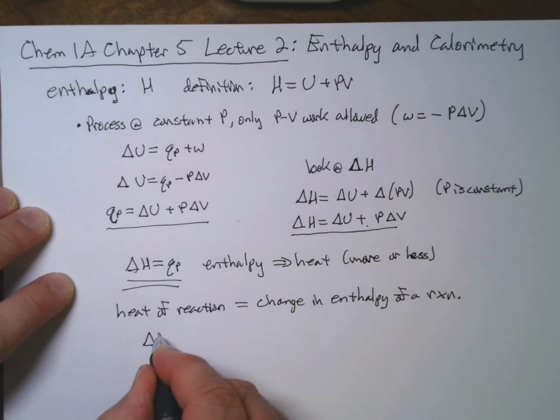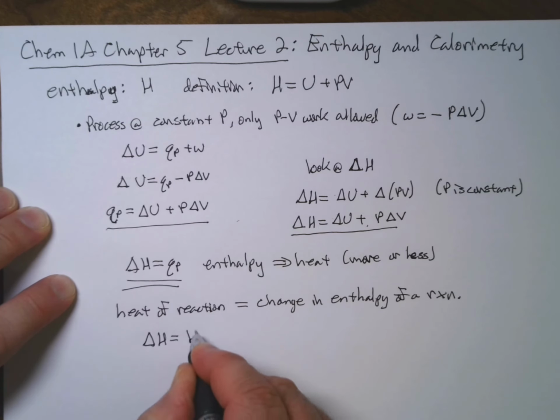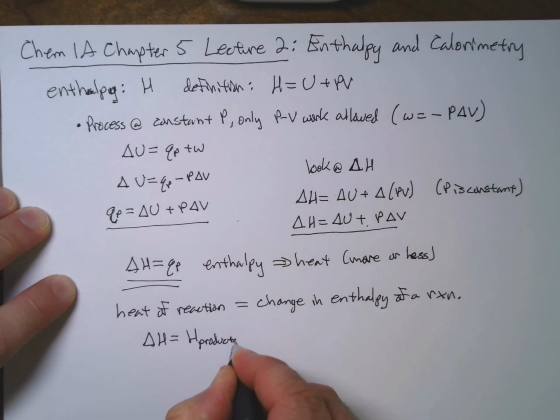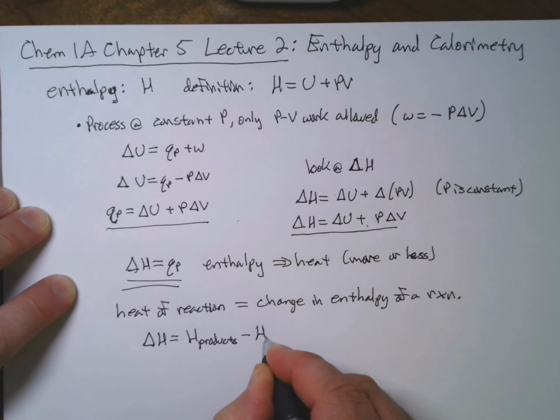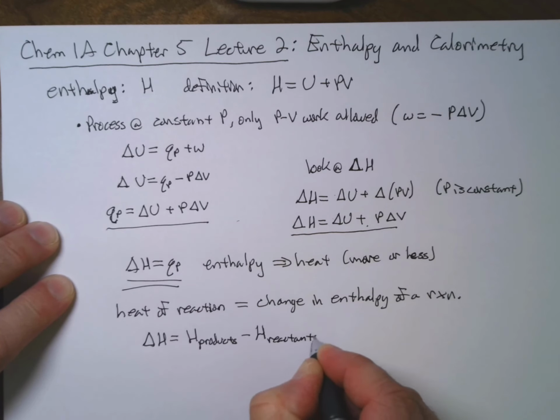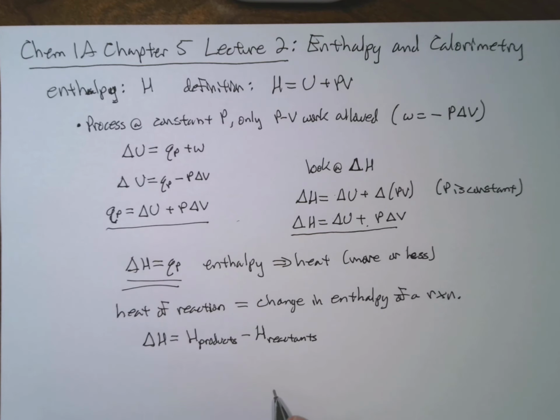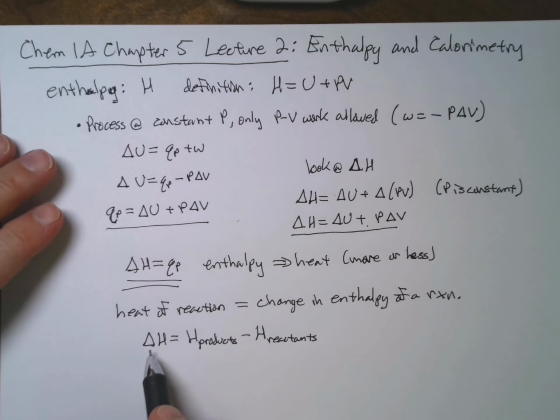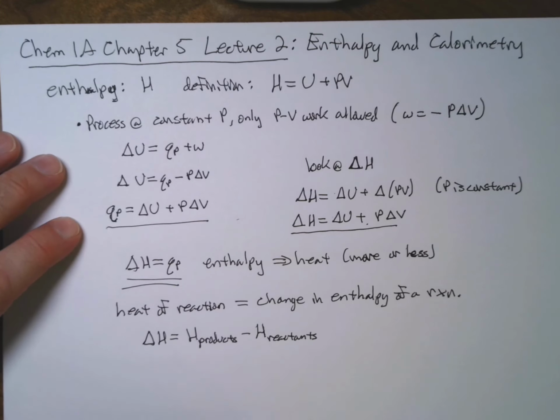So delta H is going to equal the enthalpy of our products minus the enthalpy of our reactants. Now we won't necessarily be able to directly measure the initial and final enthalpies, but we will be able to measure delta H.